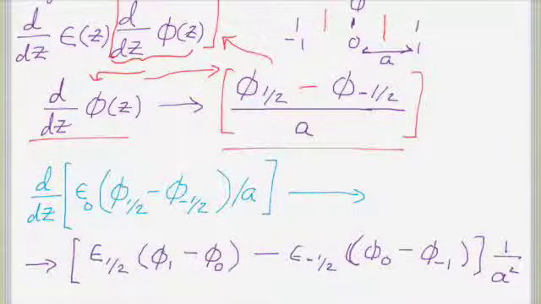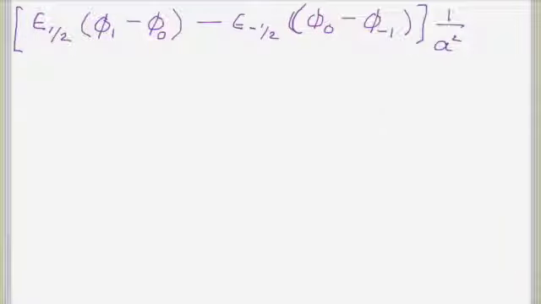Okay, so once I develop this algorithm on how to interpret d/dz, I just apply it again. And then I combine terms. So let's copy and paste this. We combine terms and get our final form.